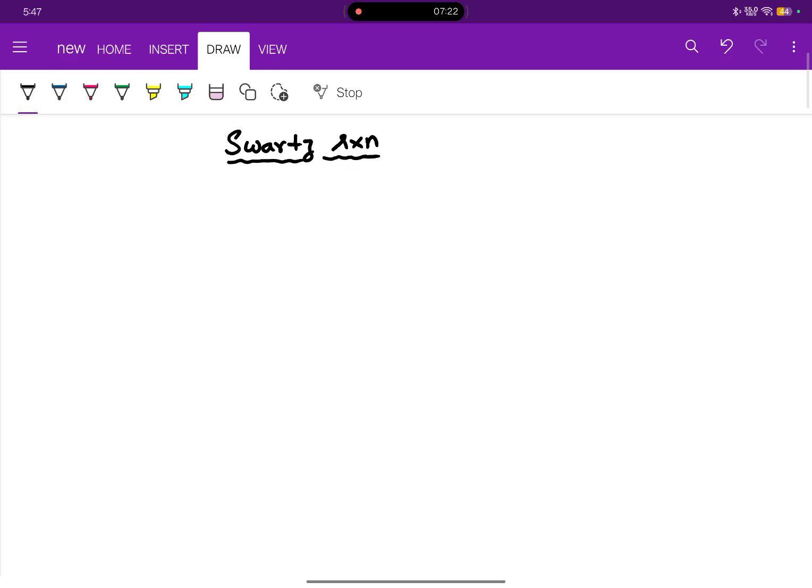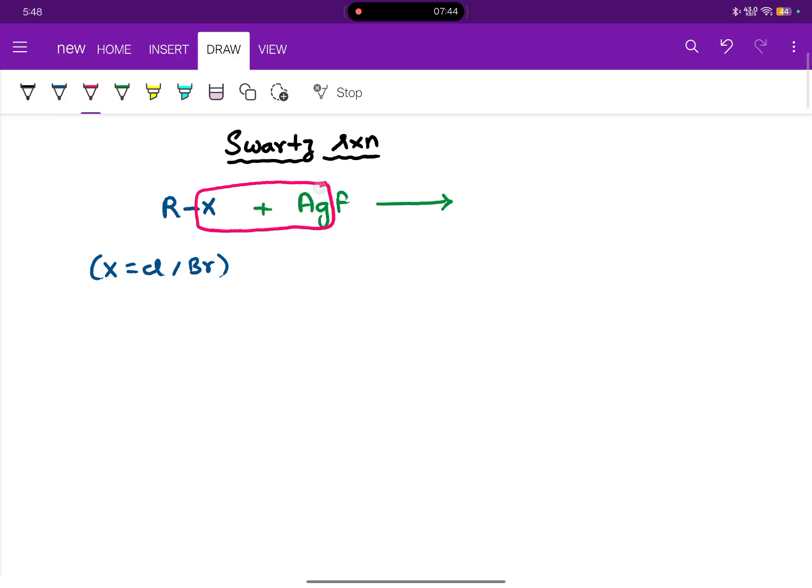Yes, sir. So in this reaction, the halogen gets exchanged with fluorine. For example, you take any RX, where X should be chloro or bromo, and treat it with AgF. Now what will happen? AgX will be removed, minus AgX, so your final product would be RF.